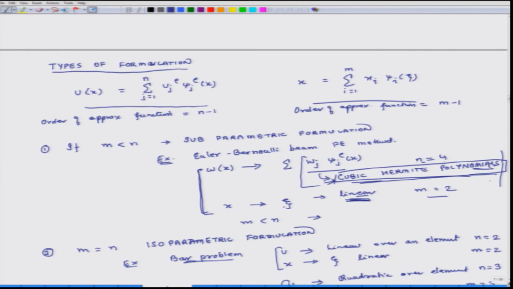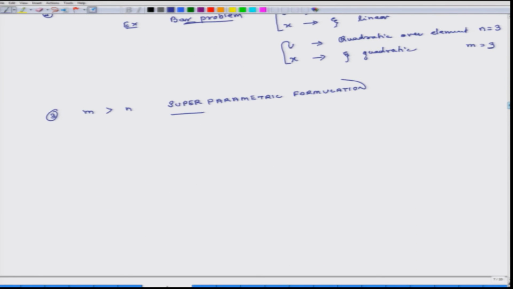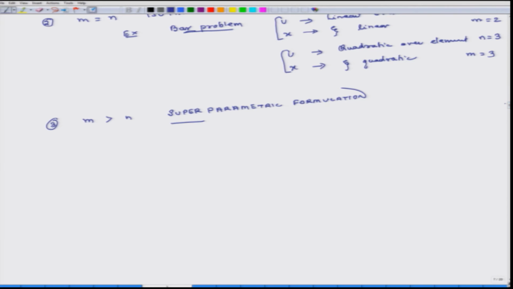So, that is about subparametric formulation. These are the three different types of formulation, and at this stage we can start discussing numerical integration.